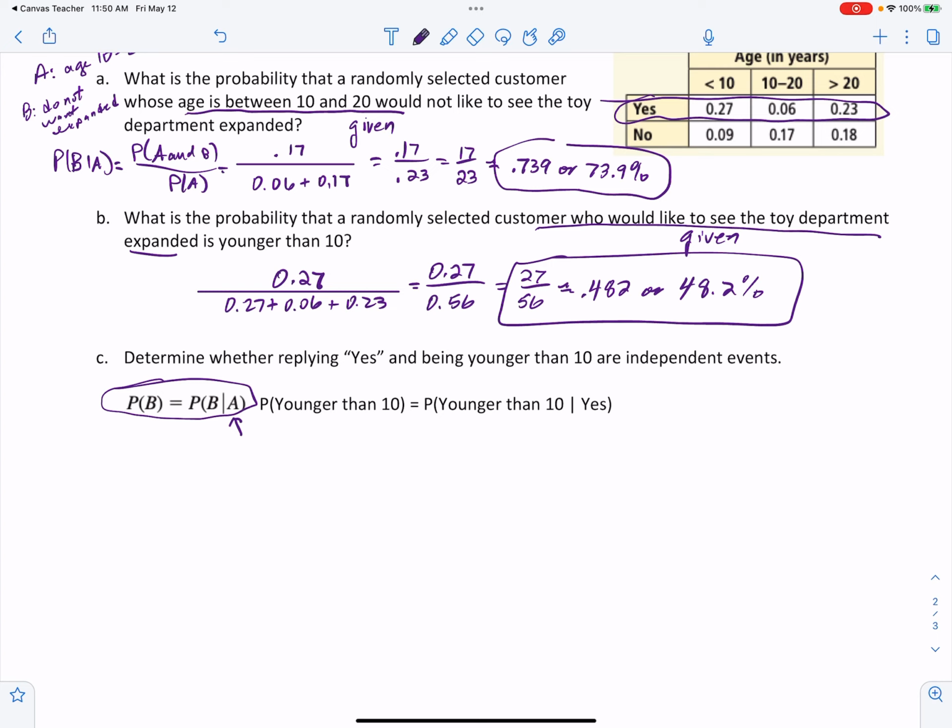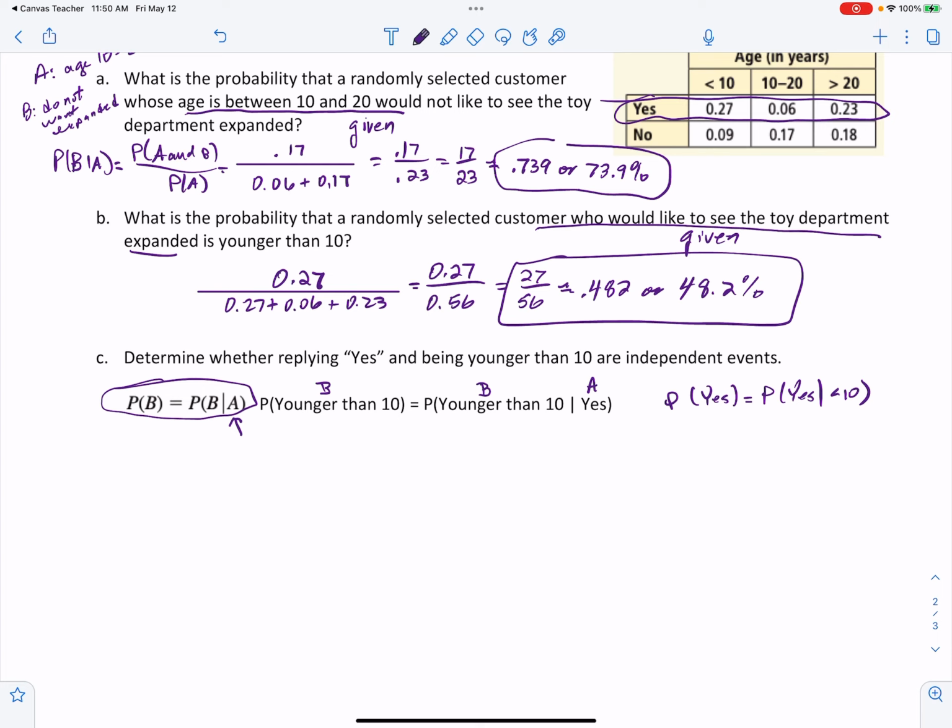So I've set this up where my event B is being younger than 10, and my event A is that they said yes. You could have set it up as the probability of saying yes equal to the probability of yes given younger than 10.